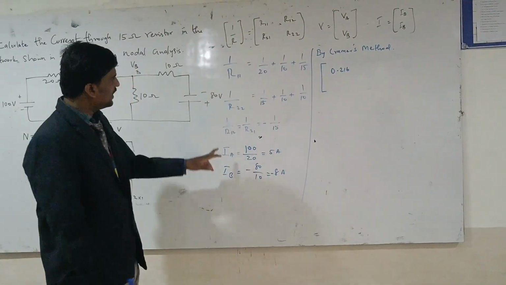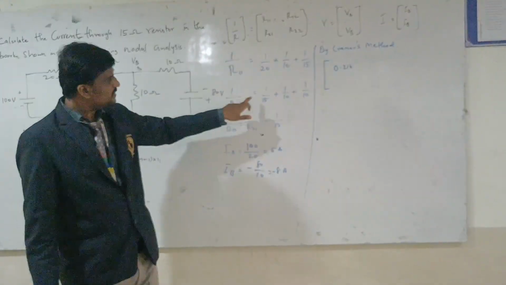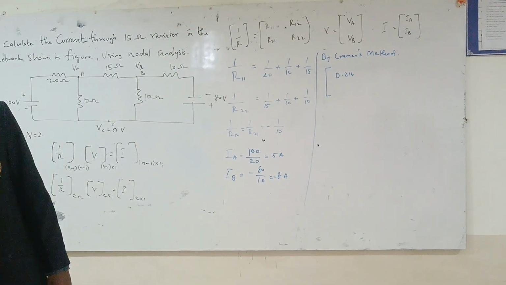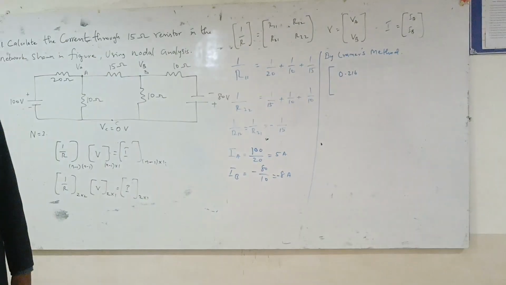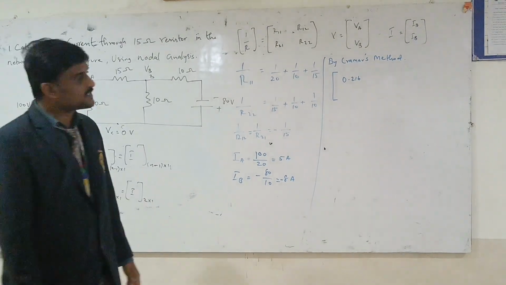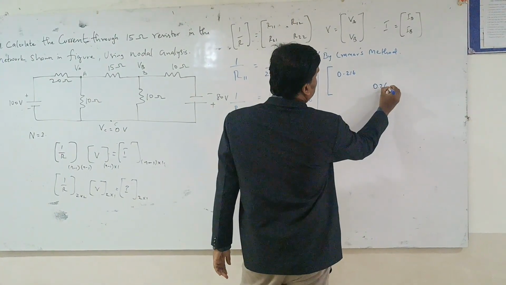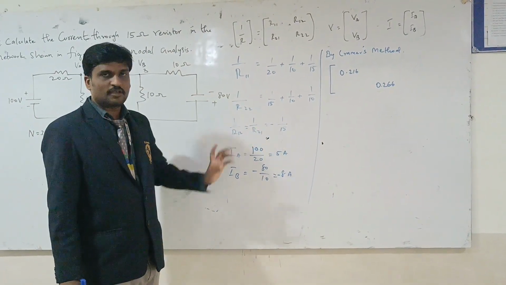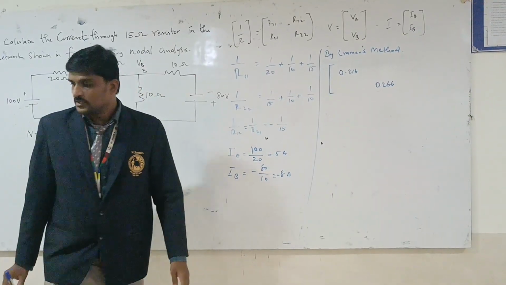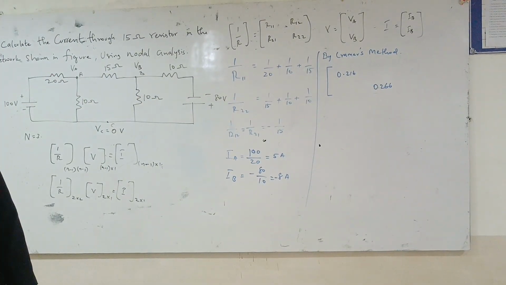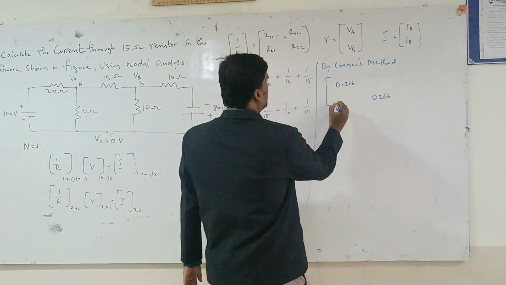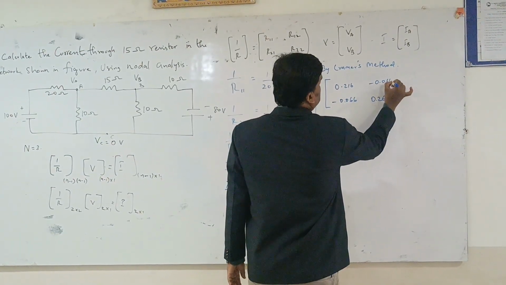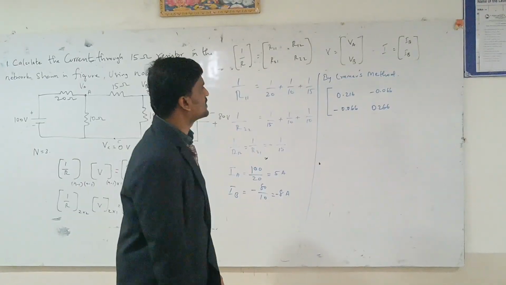Next, R22, which is 1 by 15 plus 1 by 10 plus 1 by 10, and the value for this is 0.266. And next, 1 by R12 and 1 by R21, both are equal, which is minus 1 by 15. When we solve, we get the values minus 0.066, minus 0.066.